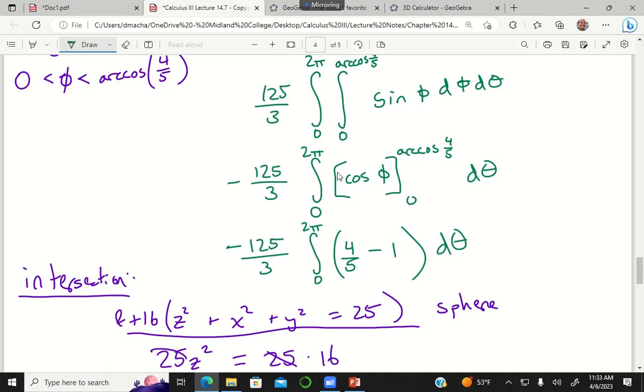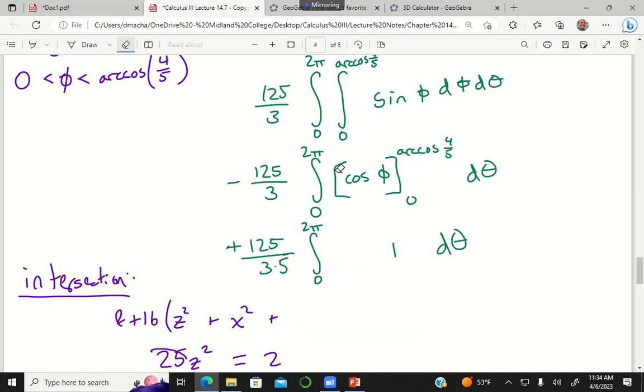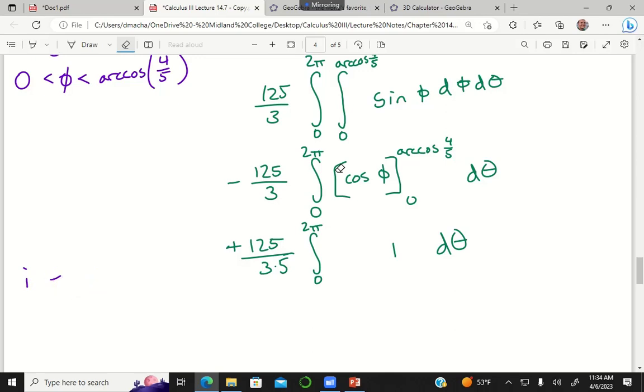And so I can pull out the negative and make that positive, and I can pull out the 5 and make that 3 times 5. Okay. And so then my new integrand would just be 1, because I've pulled out all the constants, and there was only constants. And so if I take the antiderivative with respect to theta, then the antiderivative would just be theta, and I would take 2 pi minus 0, which is 2 pi.